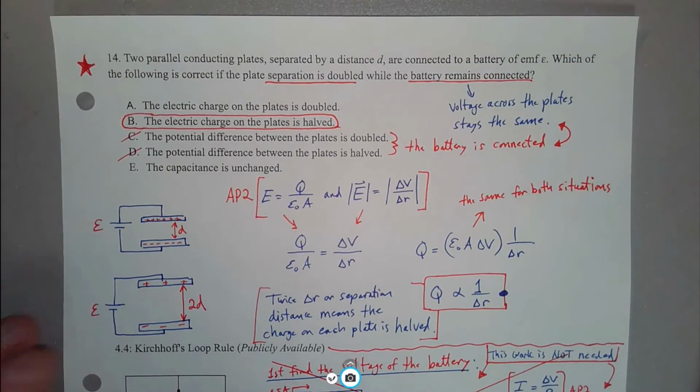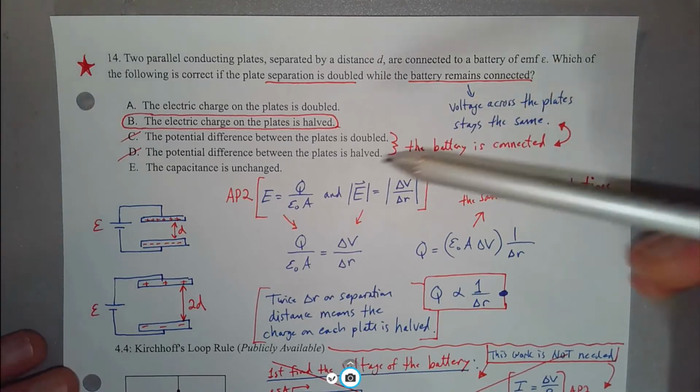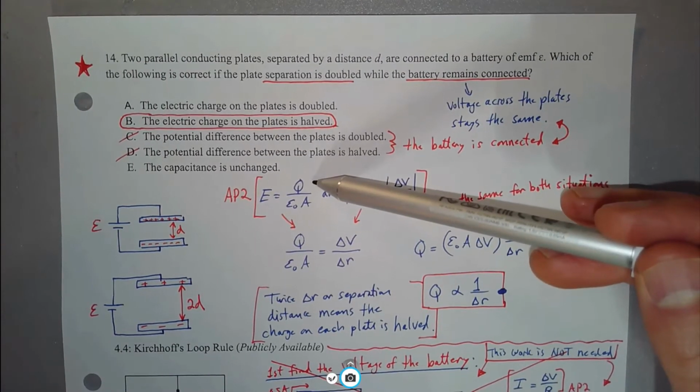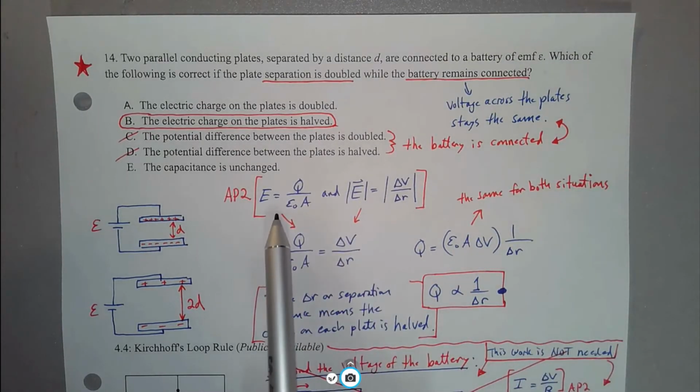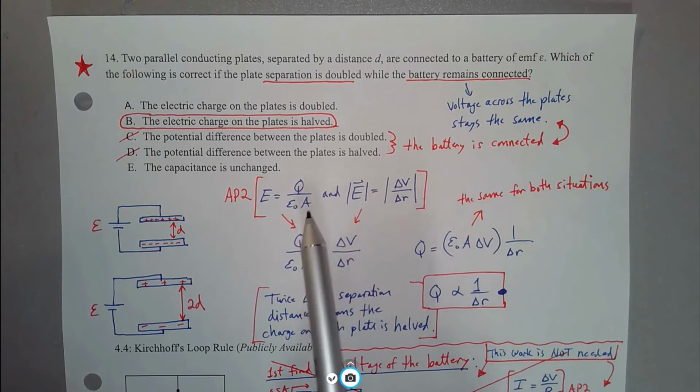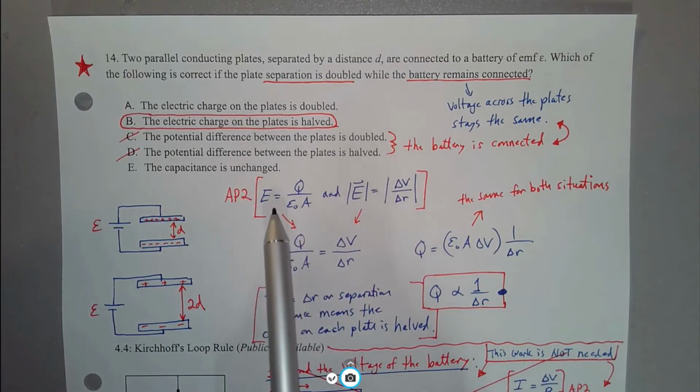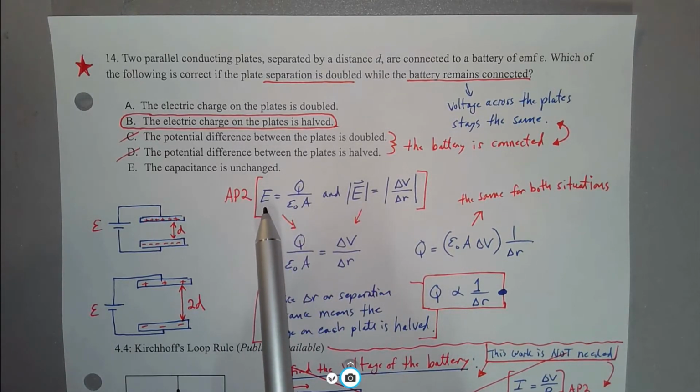So how do we think about the relationship between the charge stored in the plates, that's Q, and the separation distance of a capacitor? Well, we've got these two AP equations that we worked with, this one in the last problem. We also have to bring in this one, which tells us the electric field created by a capacitor or between capacitor plates.